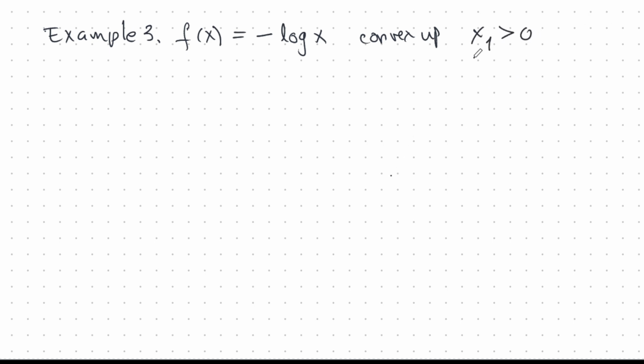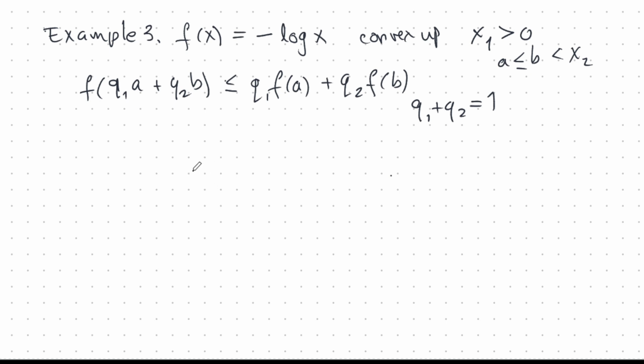And then we choose a less than or equal to b, and all of these things less than some x2, which is larger than x1. Okay, and we're in the domain of convexity, so everything's convex. Start with Jensen's inequality and our normalized weights here, because it's more elegant to do these calculations this way.